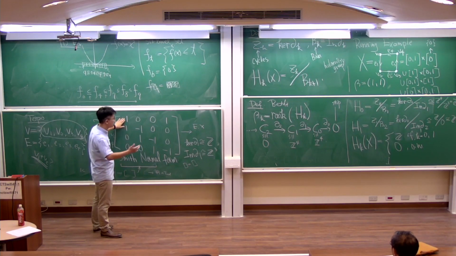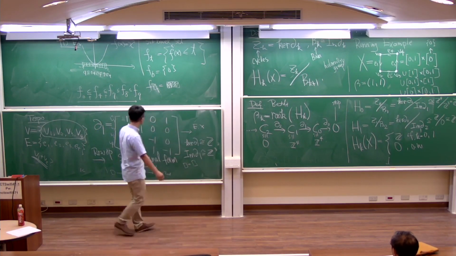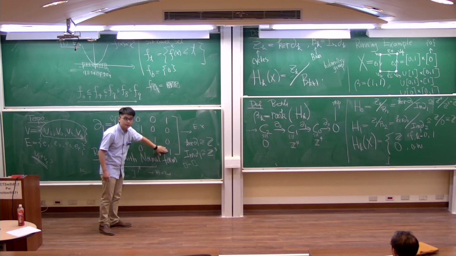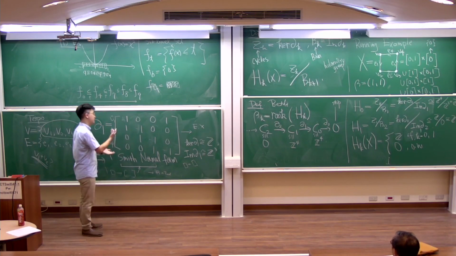You don't have to, but many software packages take advantage of Z2 because it's so much faster than the integers. You only have 0 and 1, so that is really fast.